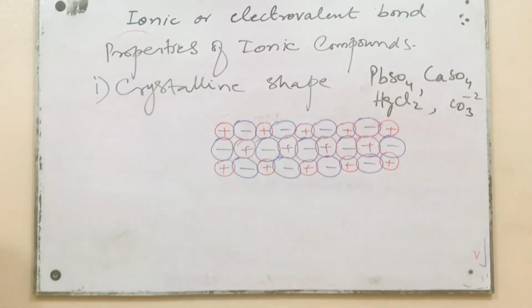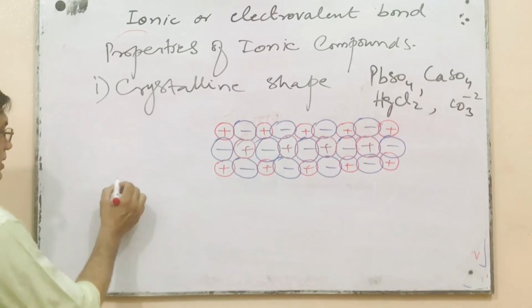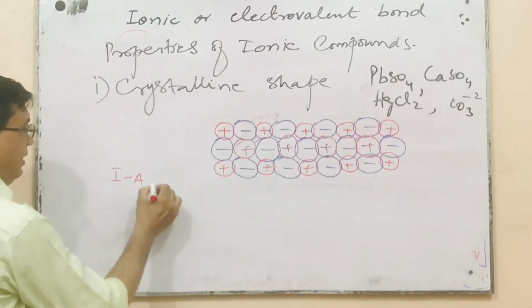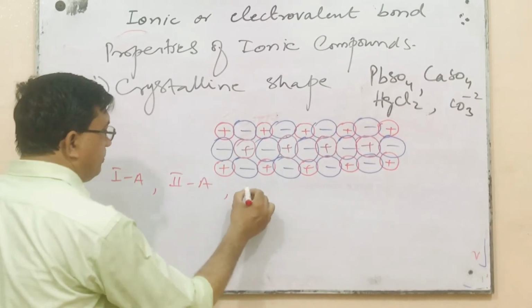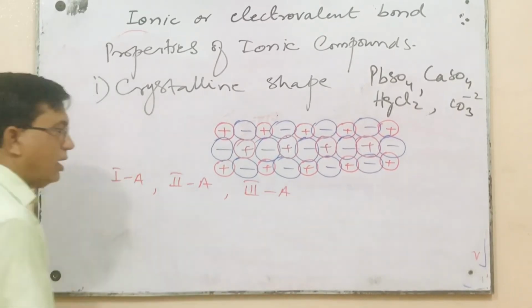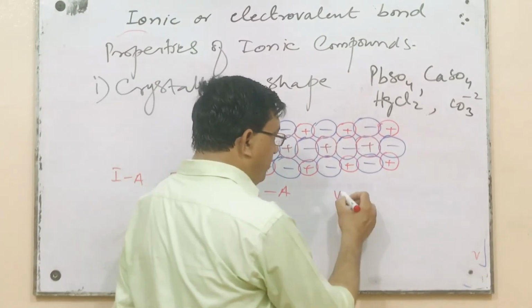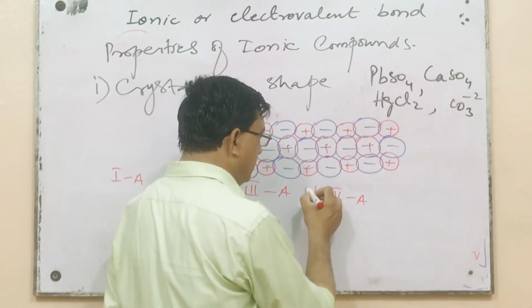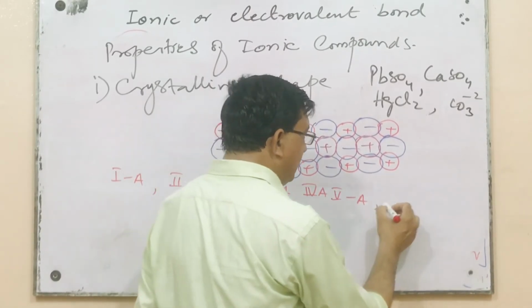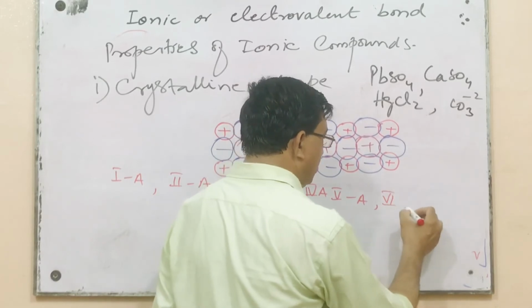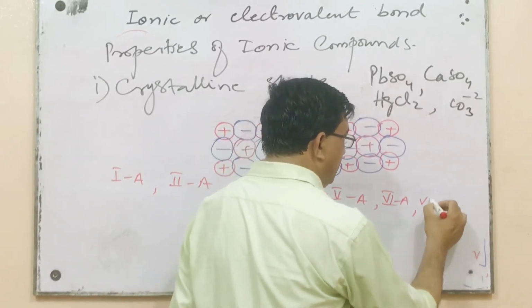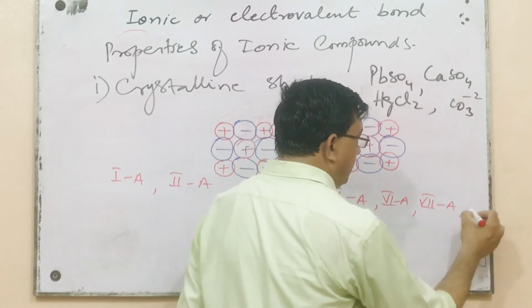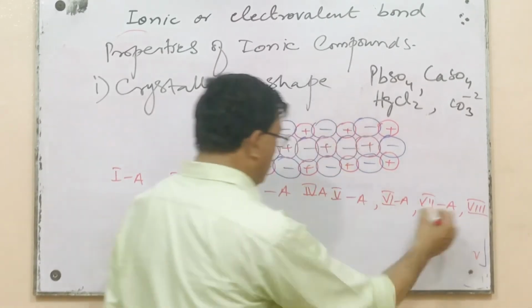Now, in case of ionic bond, I have already explained in the previous video that group 1A, group 2A and group 3A elements are metals, and from group 4A, 5A, 6A, 7A and group 8, all these are non-metals.